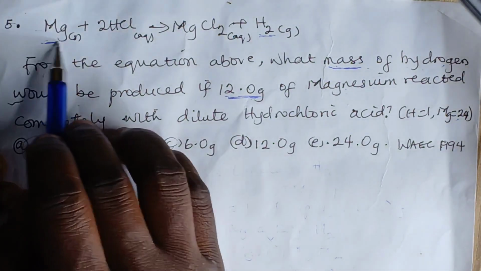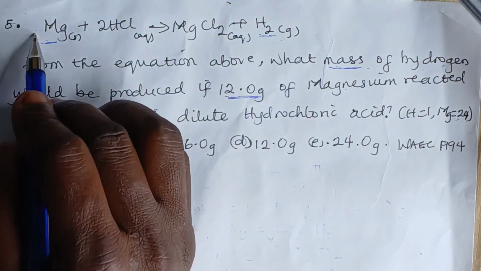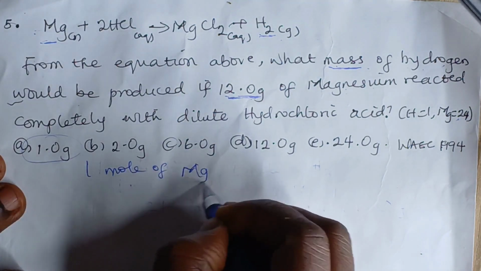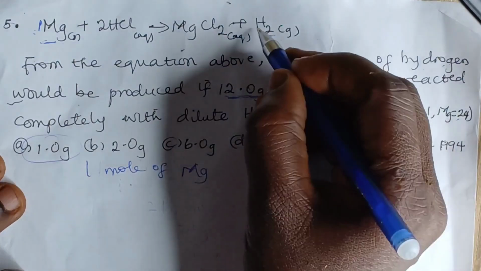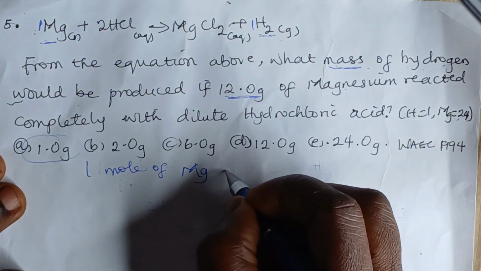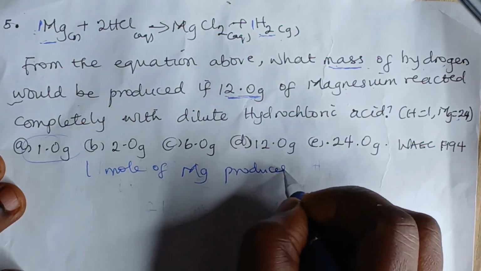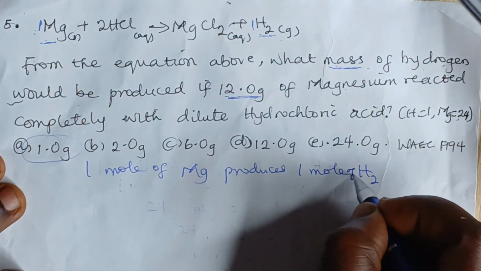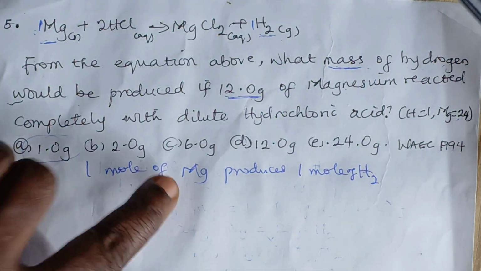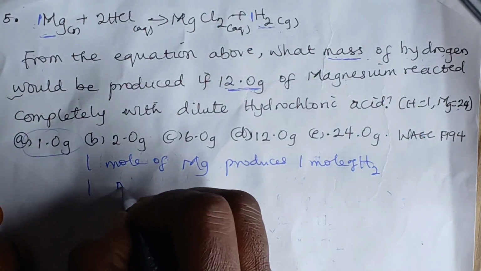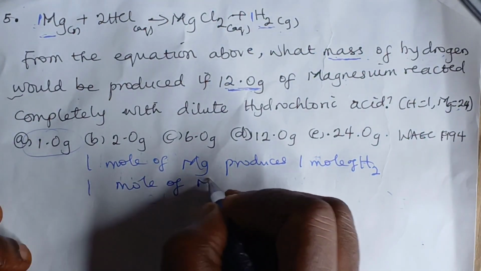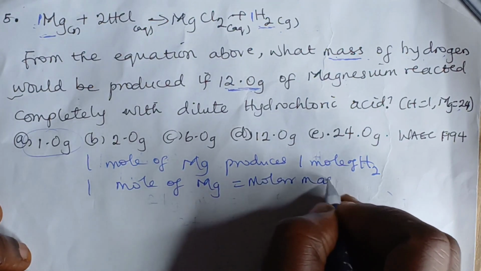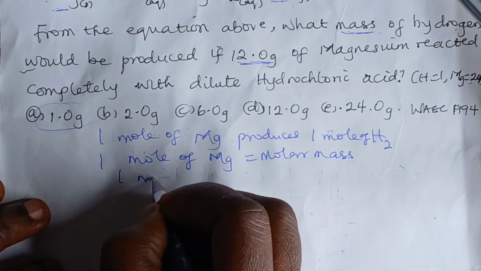But we don't have this in the equation in form of mass, we have it in form of mole. So from this equation, 1 mole of magnesium produces 1 mole of hydrogen. So we need to convert our mole to mass. Now we know that 1 mole of an element is its molar mass, and the same is also applicable to hydrogen.